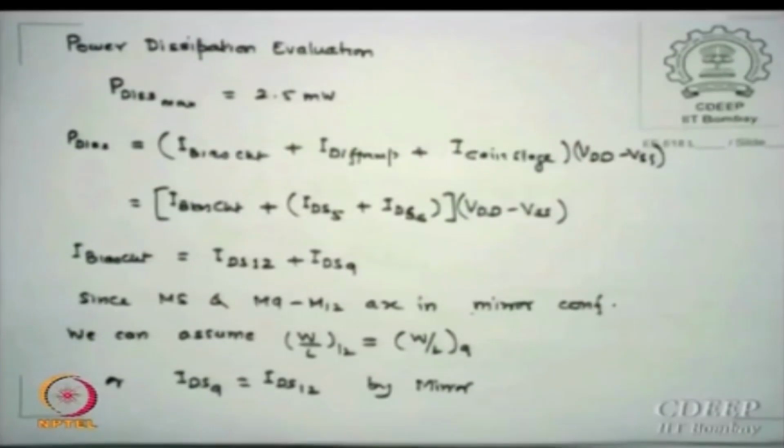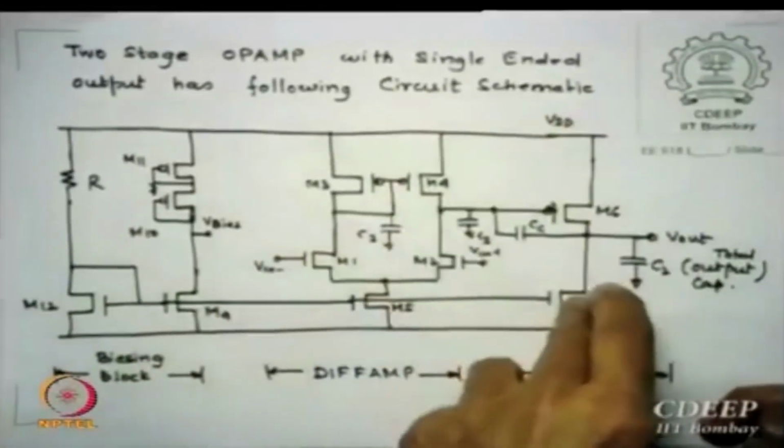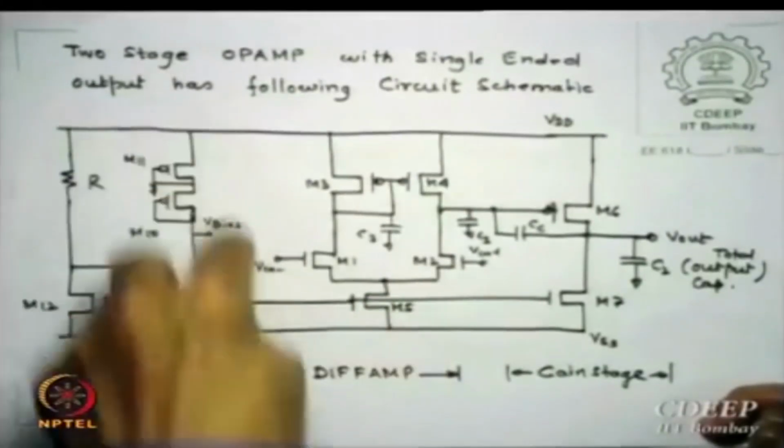Okay, doesn't matter. What is the current flowing in this? How many arms? How much current is flowing? One current in this arm, one current in this arm, one current in this arm, and one current in this arm.